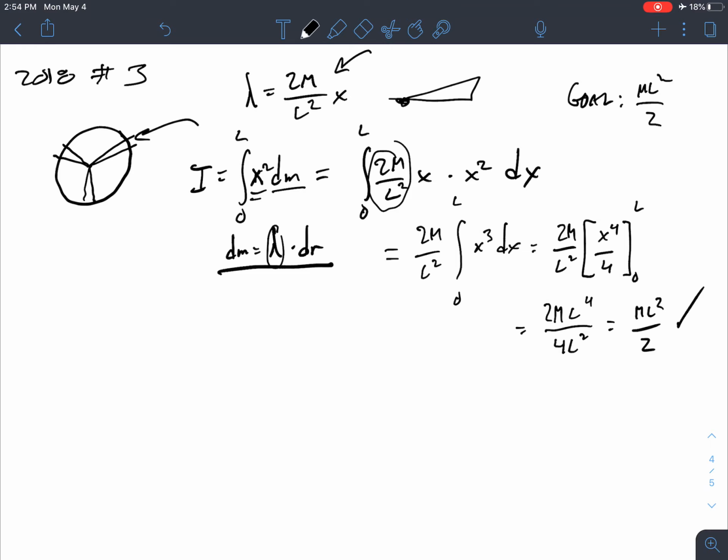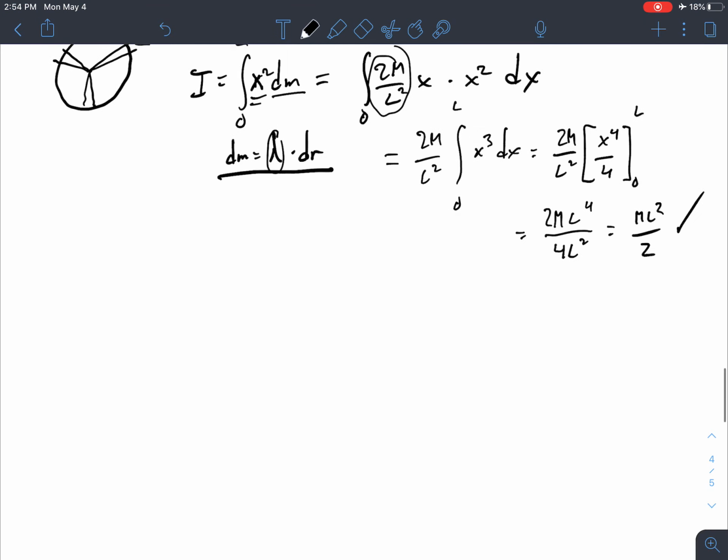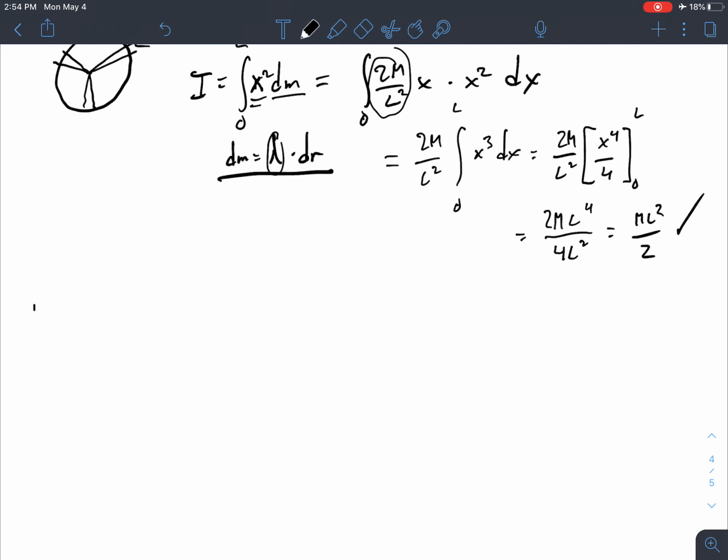So the other part of this that I was going to show you is they wanted you to find, and this was their part B, the rotational inertia of the whole thing. And part of what they want to assess here is if you understand that rotational inertias add up just like masses do.